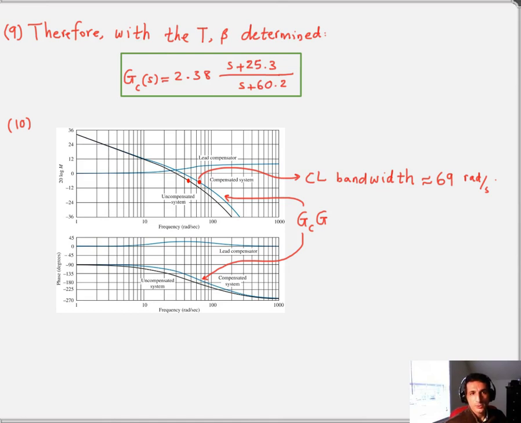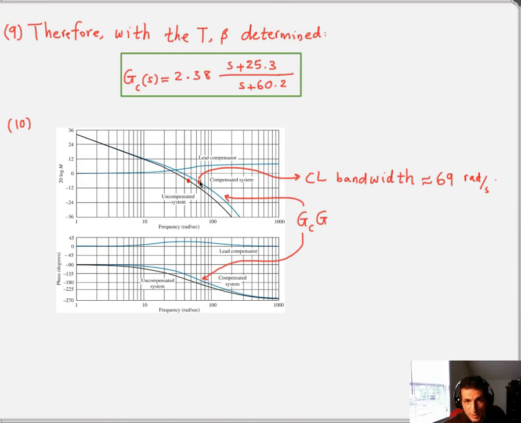So in step 10, you plot the now compensated system, and you see that for the compensated system, the bandwidth, if you remember, is where, for the first time, the magnitude is close to -6, -7 dB, which is going to be right here.